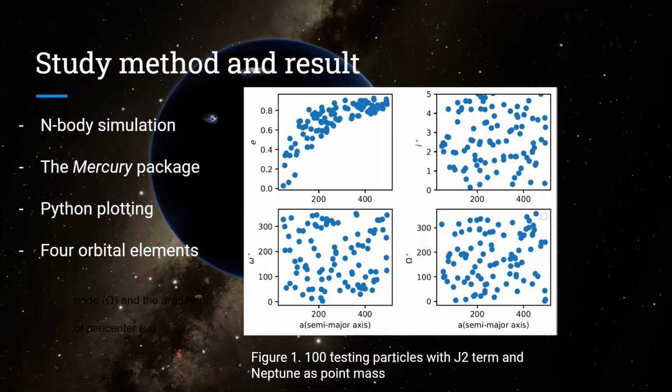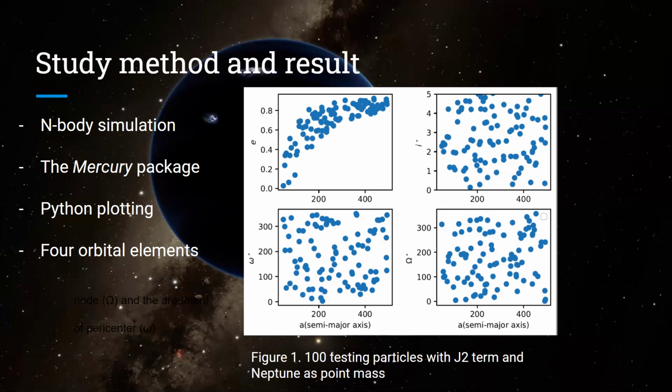Throughout those different trials of simulation, we plot each particle's four orbital elements versus its semi-major axis. The four orbital elements we examined are the eccentricity, known as little e, the inclination, little i, the longitude of ascending node, the capital Omega, and the argument of the pericenter, which is the lowercase omega.